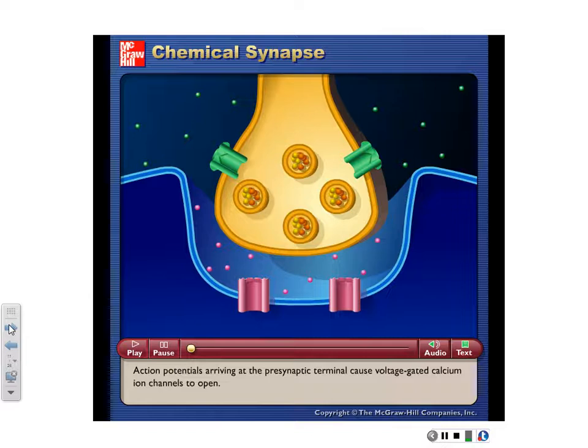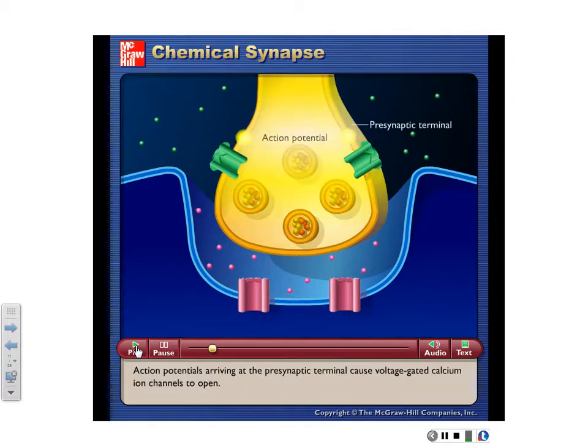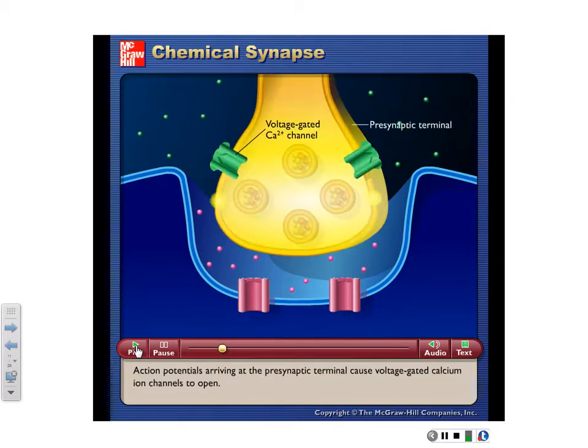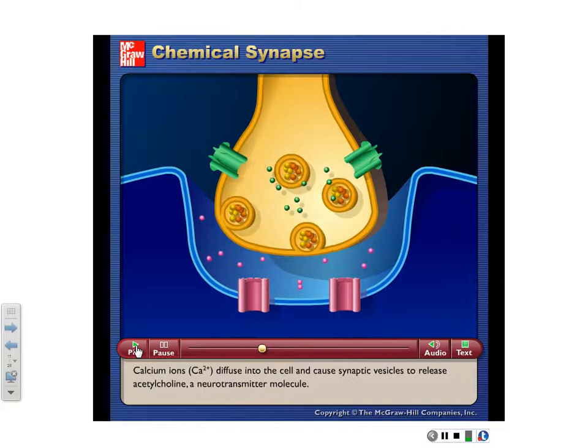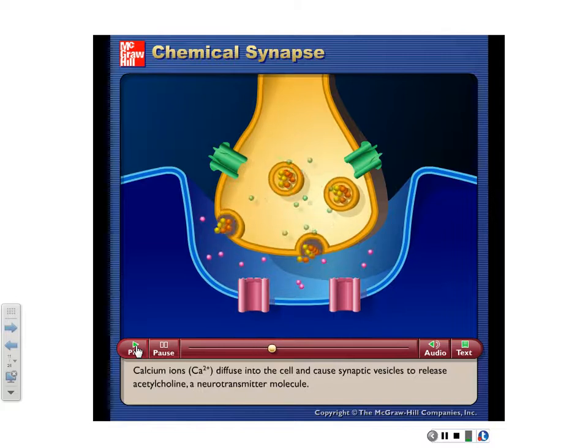All right. So here's our little cartoon of the day for the first one. Action potentials arriving at the presynaptic terminal cause voltage-gated calcium ion channels to open. Calcium ions diffuse into the cell and cause synaptic vesicles to release acetylcholine, a neurotransmitter molecule.